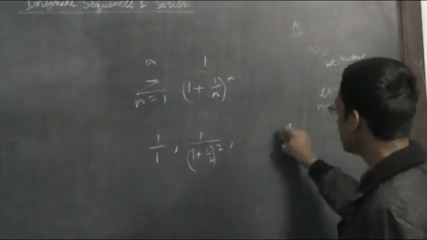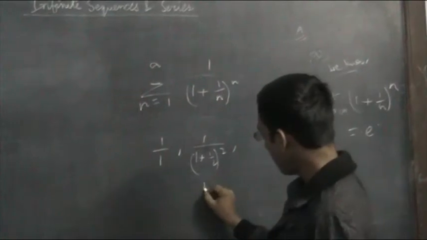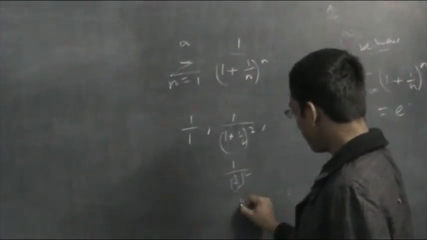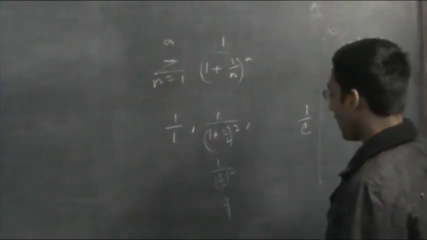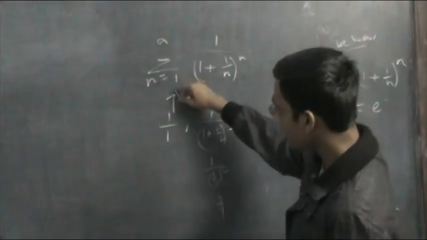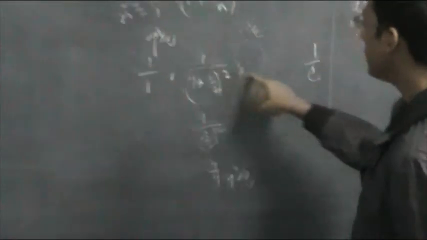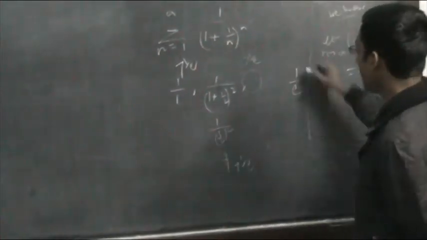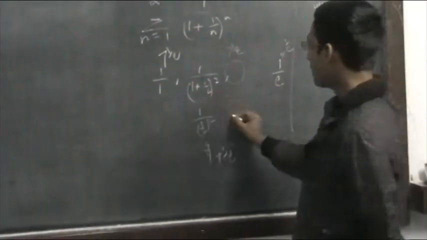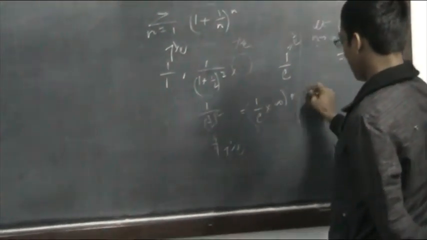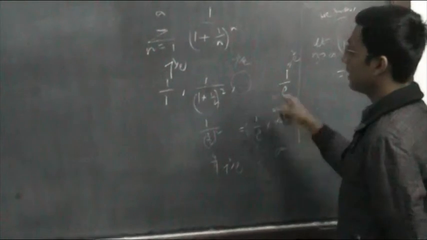Therefore the last term is 1 by e. The second term is 1 by (3 by 2) whole square, which is 4 by 9, and this is clearly greater than 1 by e. The next term will also be greater than 1 by e. We see all these terms are greater than 1 by e. So again the sum is 1 by e times infinity plus something, which will be infinity.